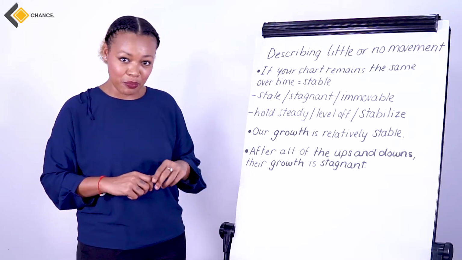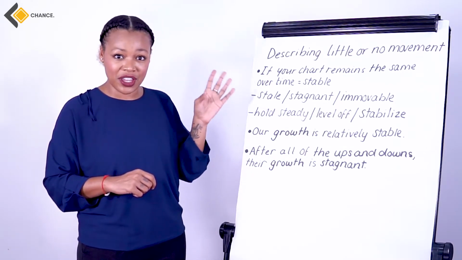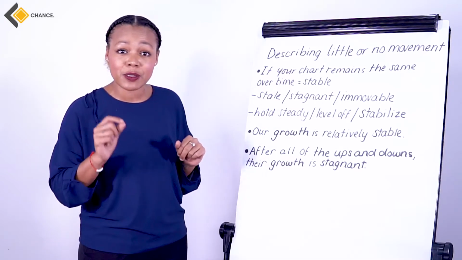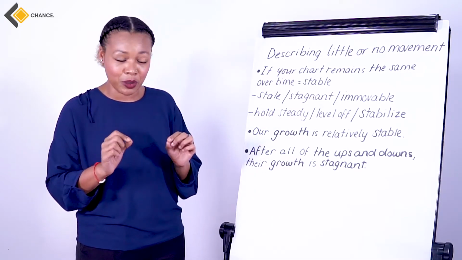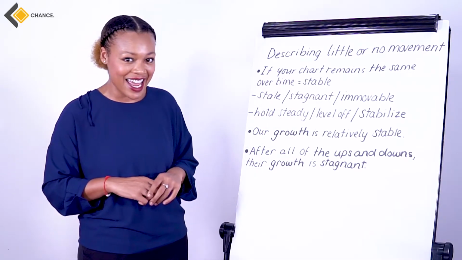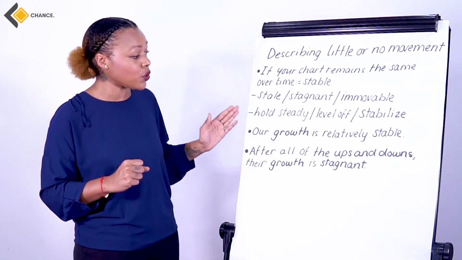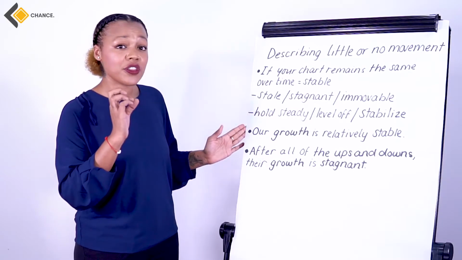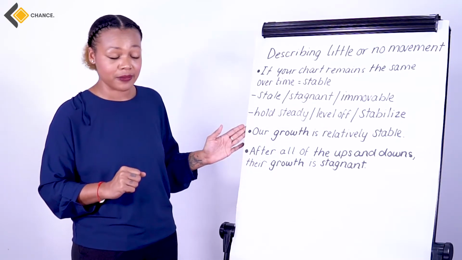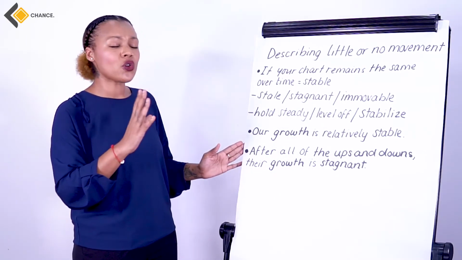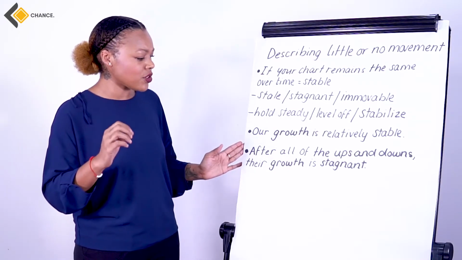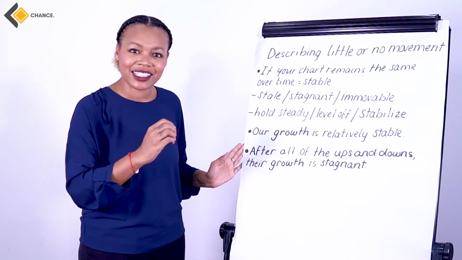It's very, very important that you know how to use this vocabulary. You can do this by looking online at some examples. The information is there. Back to describing little or no movement, you could say, our growth is relatively stable. After all of the ups and downs, their growth is stagnant.